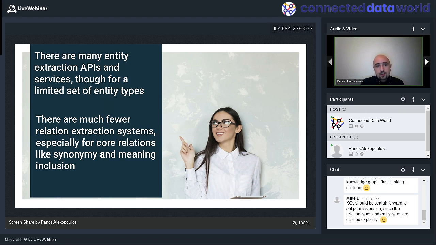On the other hand, for relation extraction systems, the available off-the-shelf, as I call them, APIs and services are far more limited. And especially for relations like synonymy and meaning inclusion, there are very few. I cannot think off the top of my head of any ready-to-use system that can find you synonyms and hyponyms.